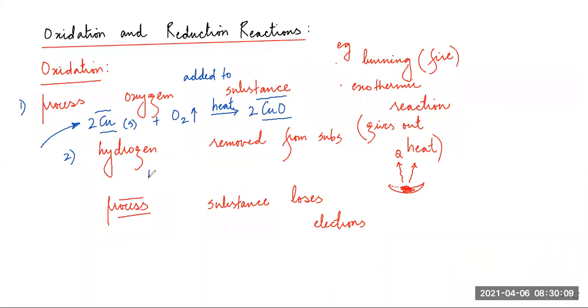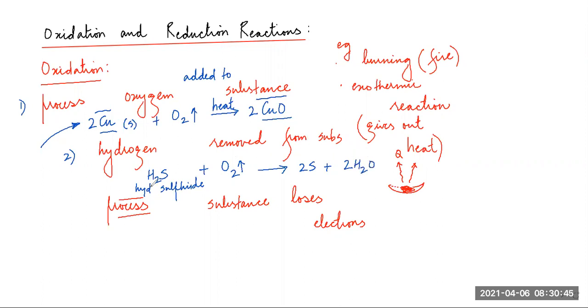For example, let's take H2S, hydrogen sulfide, plus oxygen, which is a gas, gives us sulfur plus 2H2O.